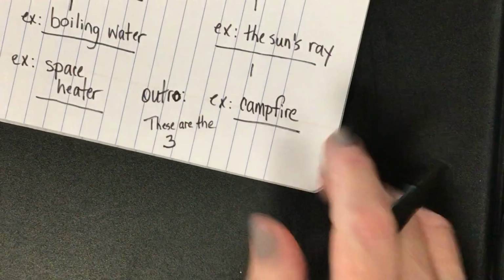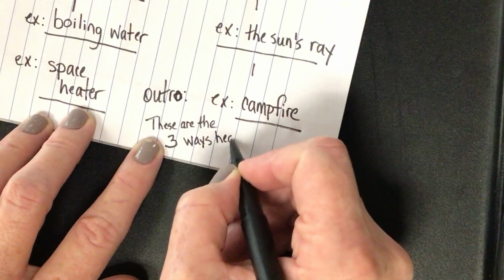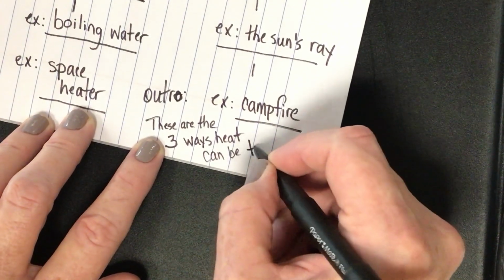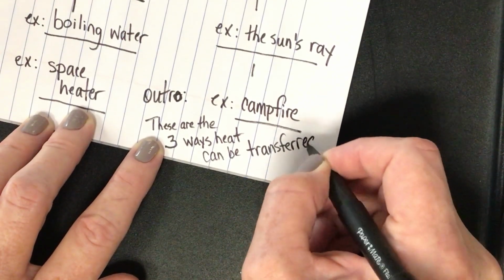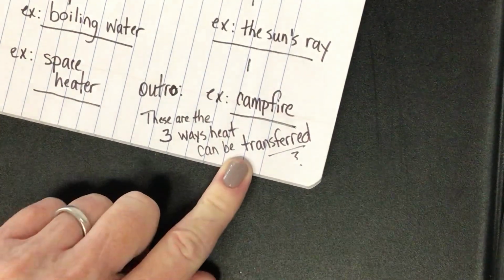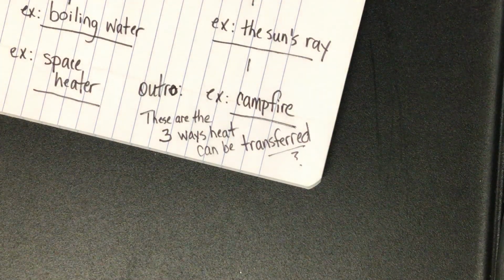These are the three ways heat can be transferred. I hope I spelled transferred right. Transferred, one R or two R's? Two.